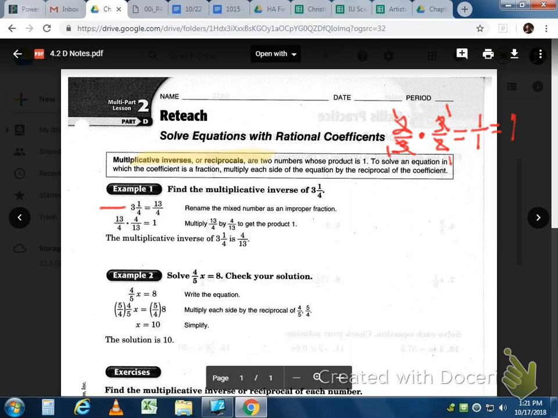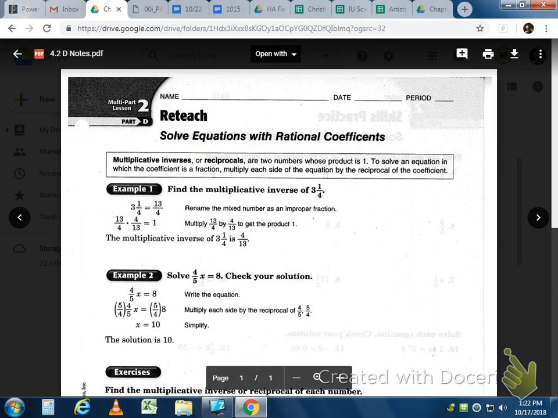So they're saying that if your fraction was 3 1/4, you can't really do a reciprocal of 3 1/4. You've got to change it to an improper fraction first. So that would involve 4 times 3 plus 1, which is 13 over 4. And then the reciprocal, you would flip that over to 4/13.